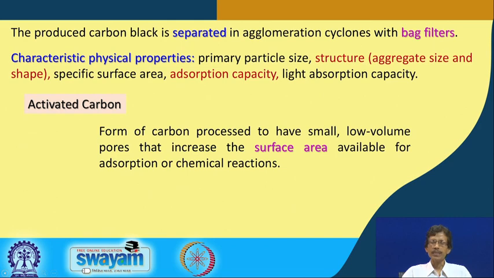That increases the surface area available for adsorption or chemical reaction. So the two most important things we will consider are the availability of those pores, which are very small and low volume in nature, for adsorption of gas or liquid molecules as well as sometimes chemical reaction.